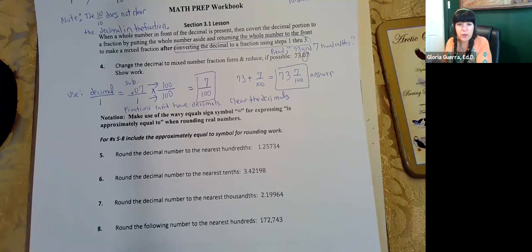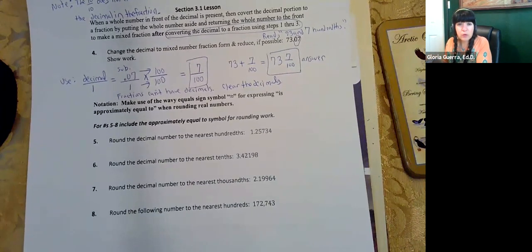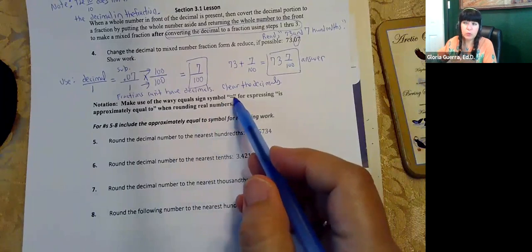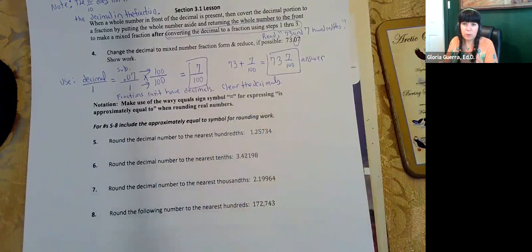So for these 5 through 8 problems, include the approximately equal to symbol on your rounding work. You won't be able to put the rounding symbol in the computer. You'll put it on your paper. So in your paper, I'll check for that. That'll be worth a point. Like if it's something that's worth 4 points, that'll be a point for that approximately equal to symbol for rounding.